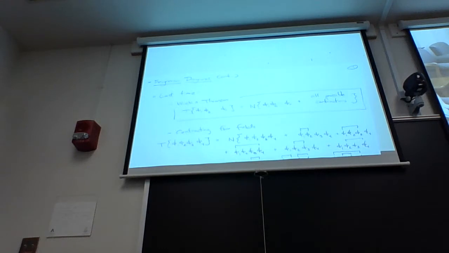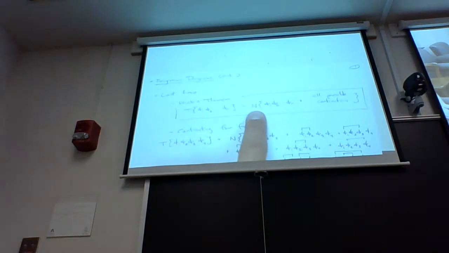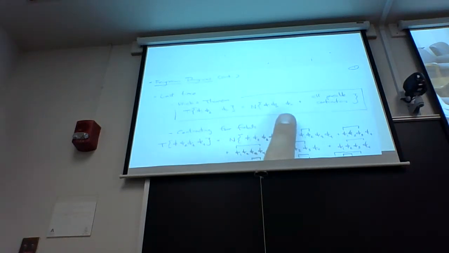Wick's theorem tells us that when we take the time ordered product of these operators, it's the same thing as putting them in normal order, meaning all the A's to the far right, all the A daggers to the far left, and then plus all possible contractions.